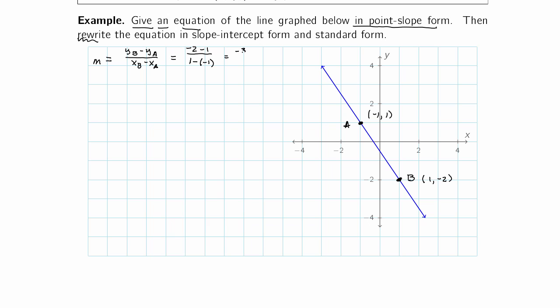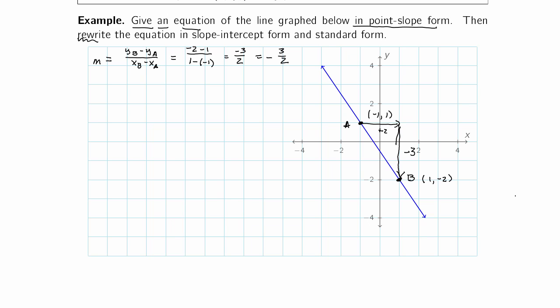That'll be -3 over 2, or -3/2. I could also do that by counting on the graph. To go from A to B, I go 2 units to the right, that's +2, and 3 units down, that's -3. Up is positive, down is negative. Right is positive, left is negative.